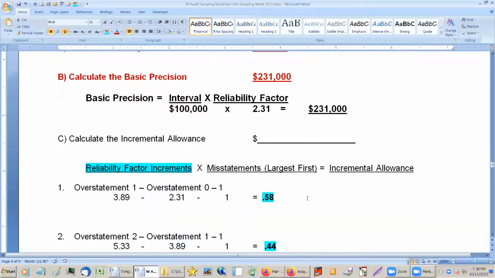So which one is the largest of the misstatements? We have 25,000 and 100,000. Which one's the largest? 100. Yep. The 100,000 is going to go first because it's the biggest one.